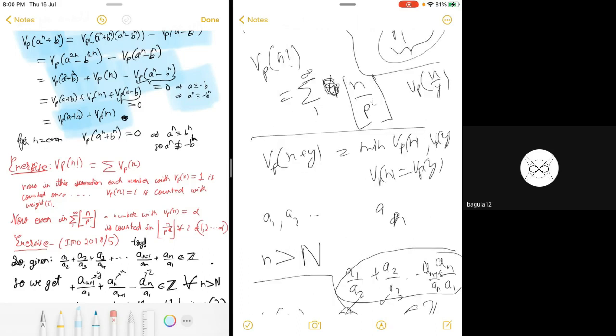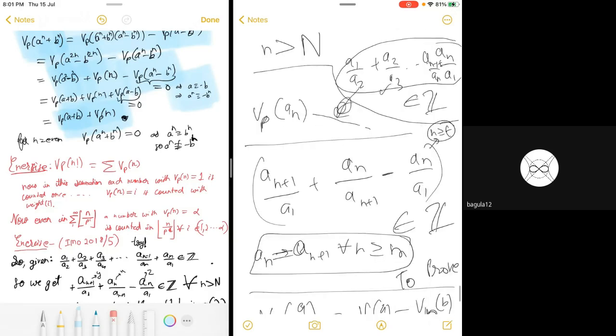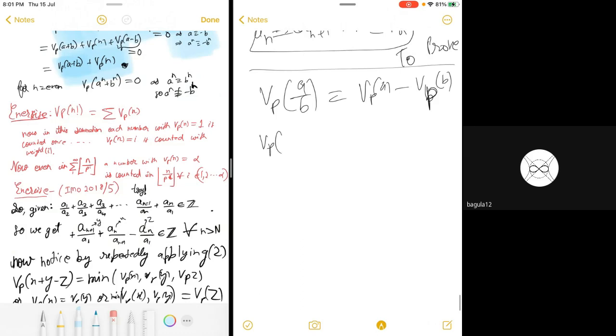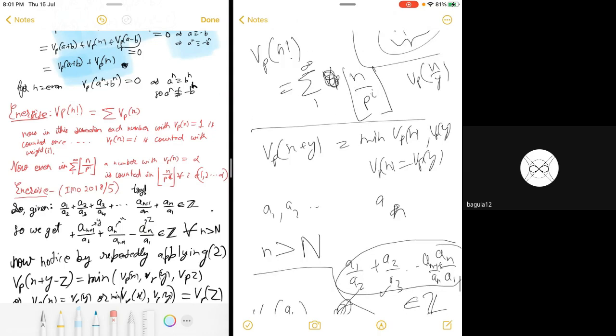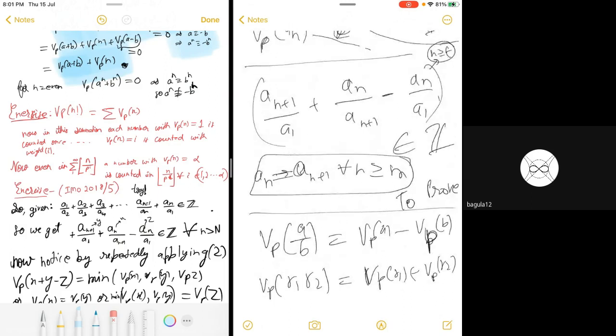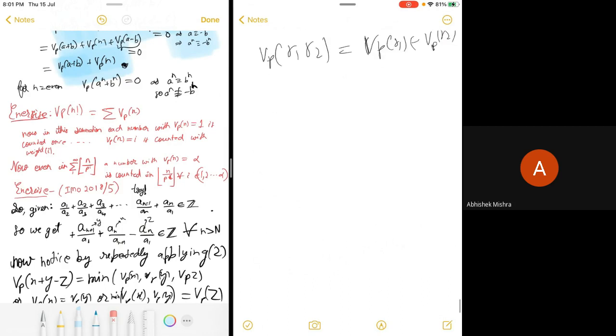Also, the product: Vp of a rational number r1 into r2 is Vp of r1 plus Vp of r2, and this is true even for rationals. So now the idea is to repeatedly apply this and then get some result. Maybe try for some minutes.